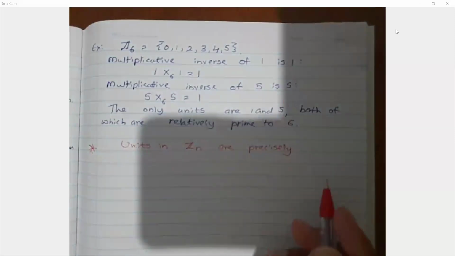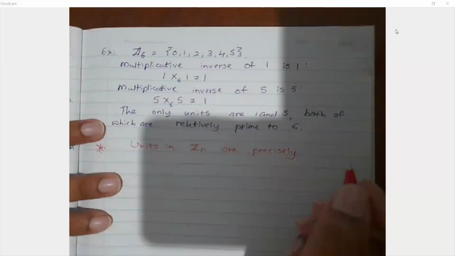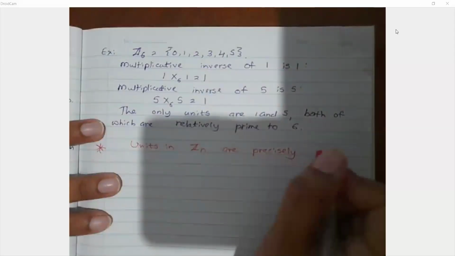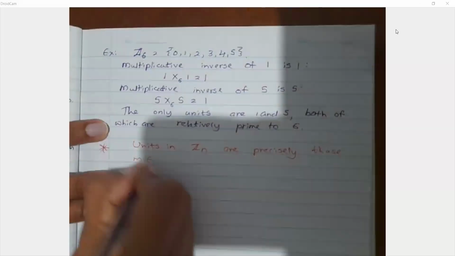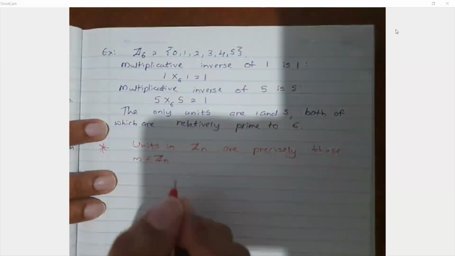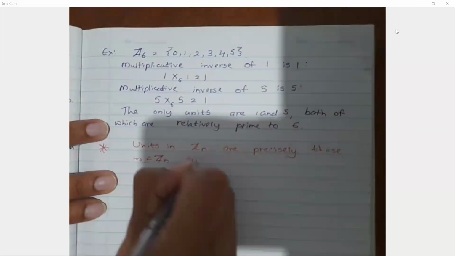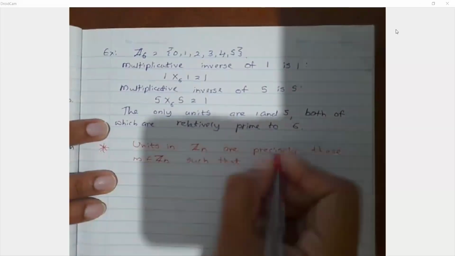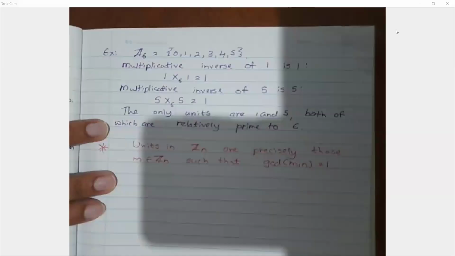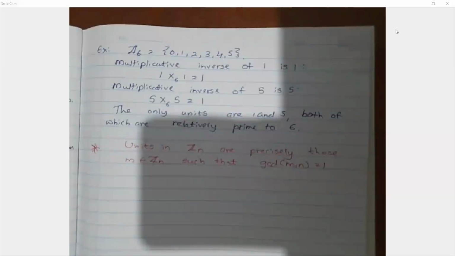Therefore, it's not a field. Units in Zn are precisely those elements m that you take from here, which are relatively prime to n, such that the greatest common divisor of m and n is equal to 1. They are relatively prime to each other.